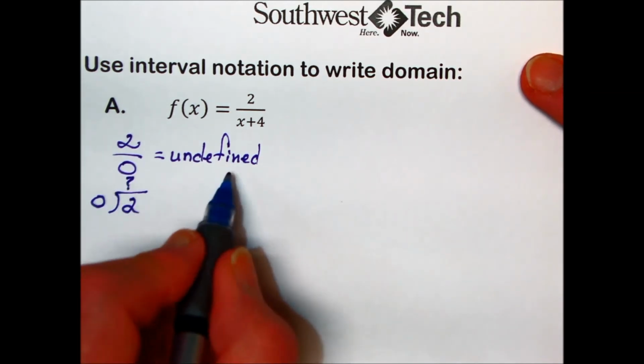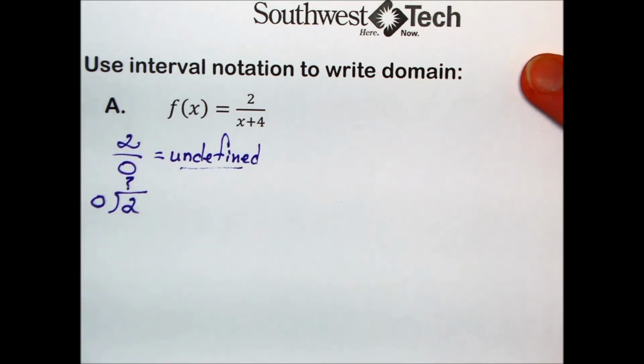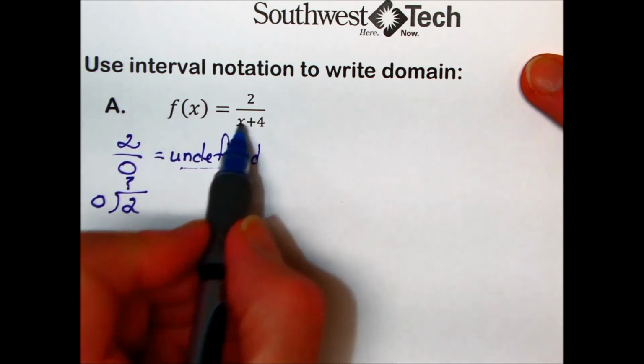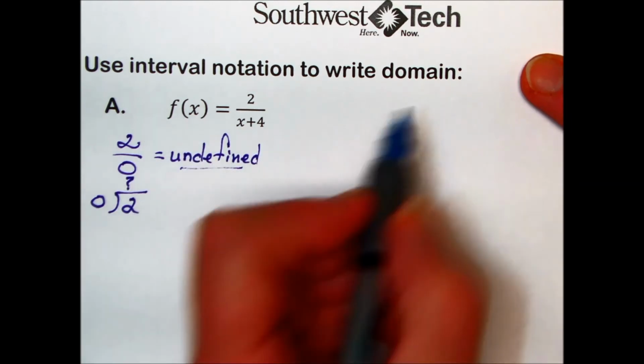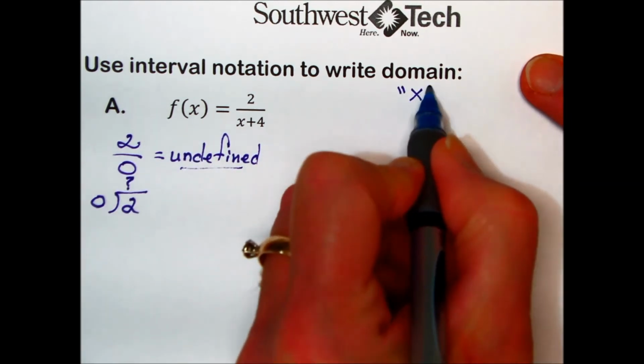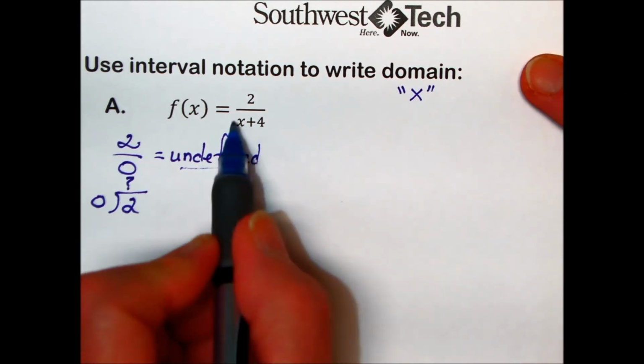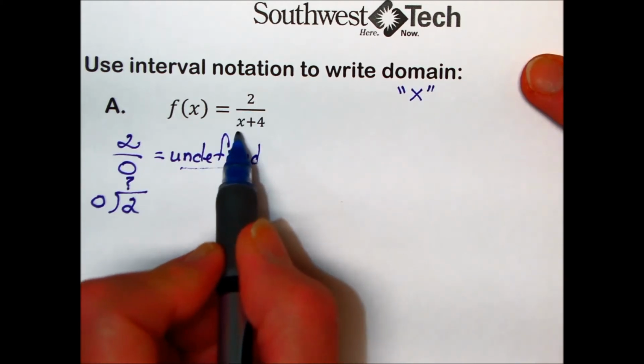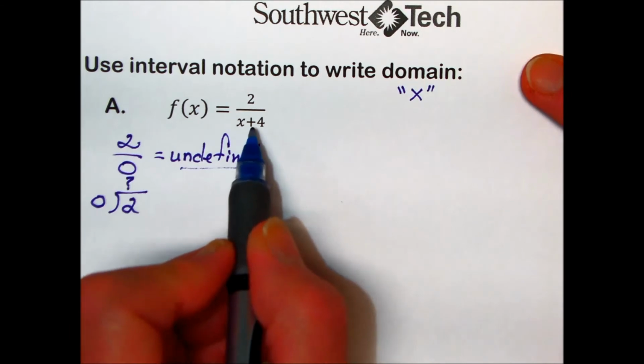Well, there isn't a number, and that's mathematically why we call it undefined. So when we're picking values of x to plug in here, in other words, our domain, you should be thinking the value's x, we need to avoid the denominator generating a 0.